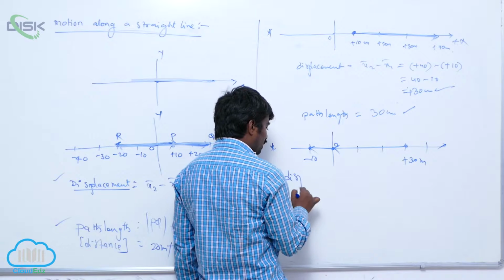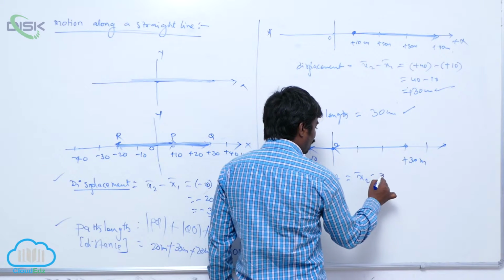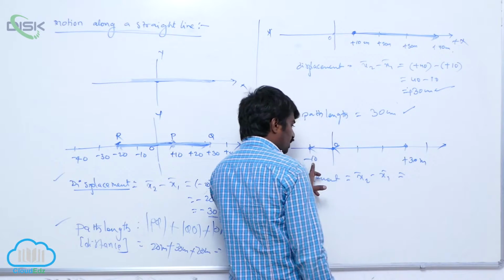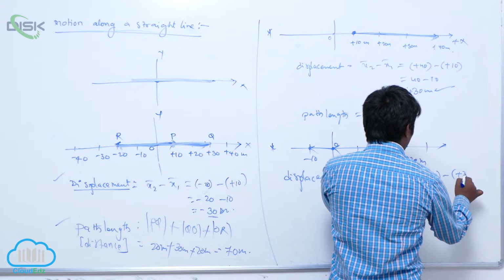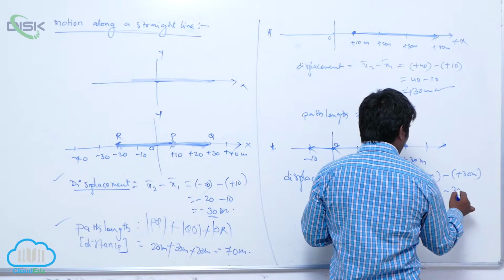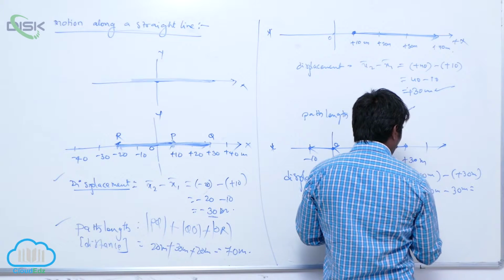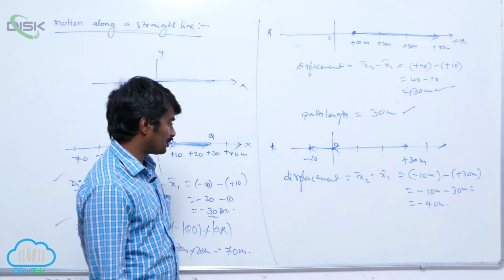So what is the displacement? That is final position minus initial position. Final position is minus 10 meters and initial position is plus 30 meters. So what you are going to get? Minus 10 meters minus 30 meters, that is equal to minus 40 meters.